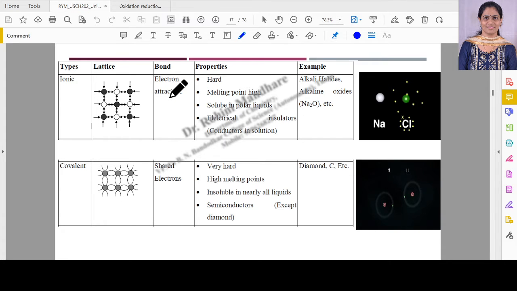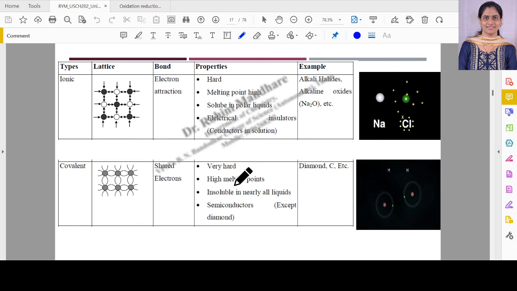So if NaCl is one example of an ionic compound, then there is first formation of Na plus ion, Cl minus ion, and then these plus and minus ions attract each other to form an ionic bond. Whereas in covalent bond, it is not the situation. The two combining atoms come closer to each other, and in order to complete their octet, they share electrons with each other.